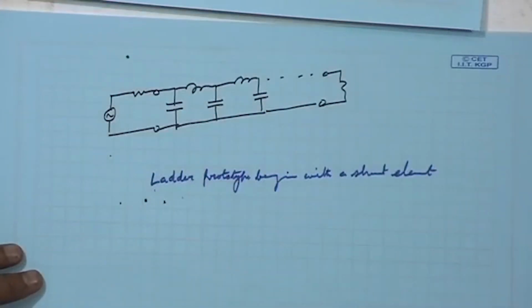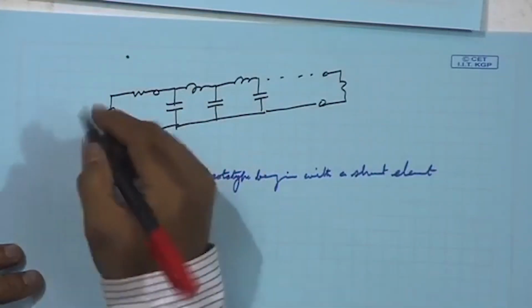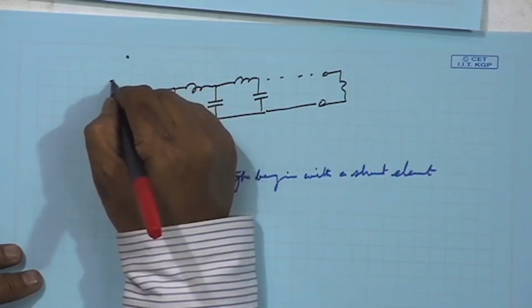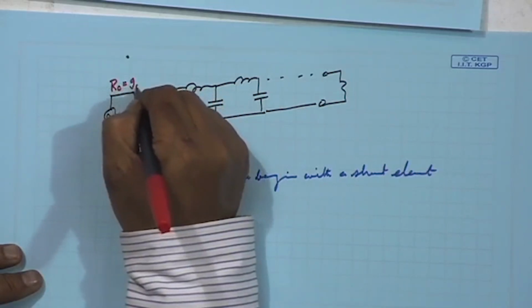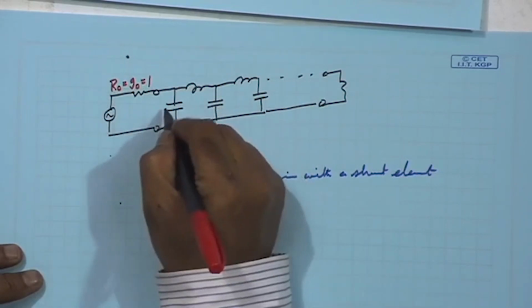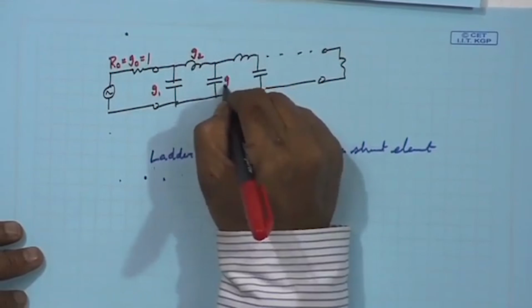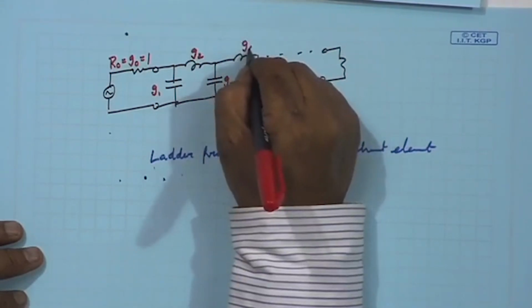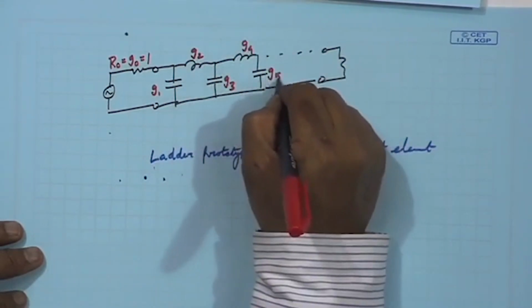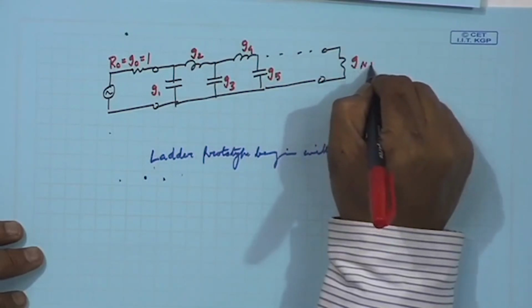So, here we see that R naught is equal to G naught is equal to 1, then this will be your G1, this will be G2, this will be G3, this will be G4, this will be G5, and this will be G n plus 1.